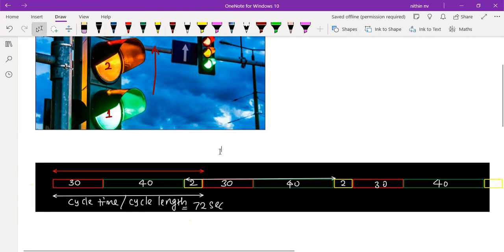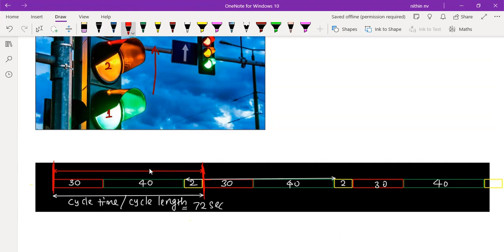See what I have marked right now. This is what we define as a signal cycle. Understood? The duration of a signal cycle is nothing but cycle time.